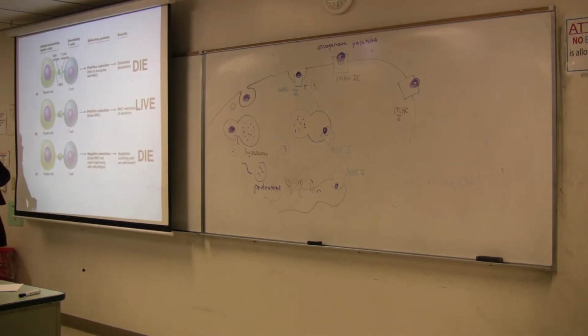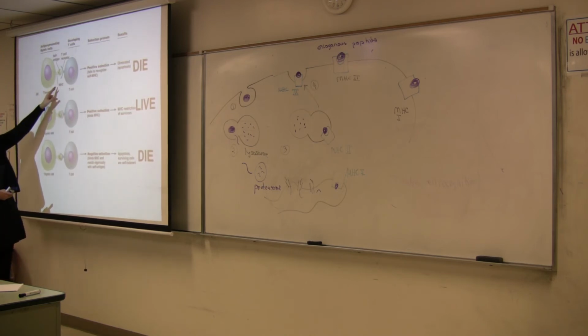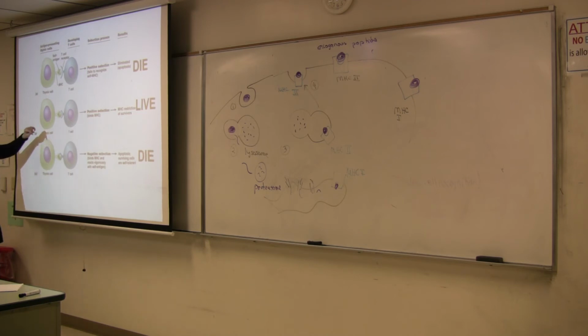Then, the recognition of the antigen, well, this is actually the MHC and the antigen. So if they recognize the MHC molecule, if they respond weakly to the antigen, okay, they're allowed to live. If they respond strongly, they have to die. If they don't recognize the MHC, they have to die.